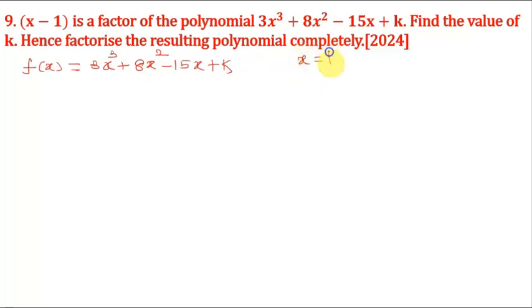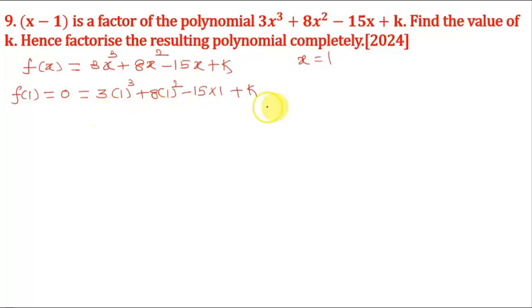Therefore, if we substitute x is equals to 1, the value of the polynomial is 0. Therefore, f of 1 is equals to 0 is equals to 3 into 1 cube plus 8 into 1 square minus 15 into 1 plus k.